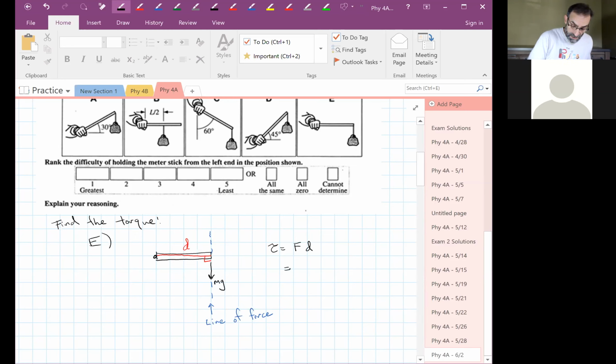So what do we get in this case? We get mg times the lever arm. M was 1. G, I'm just going to use 10. And D is 1, right? And our units for torque, Newton meters.